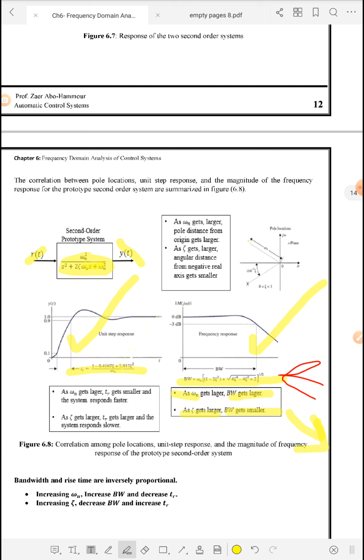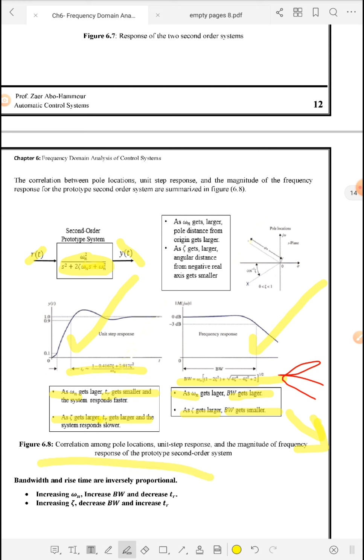If we switch to the time domain parameters, as omega n gets larger, TR will be smaller, because all time related parameters are inversely proportional to omega n. The larger omega n, the smaller the value of TR, and this means that the system will be faster. And its correlation with zeta, as zeta gets larger, then TR gets larger, so it's directly proportional.